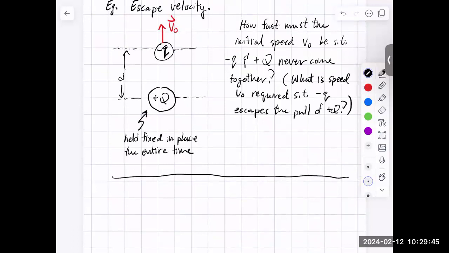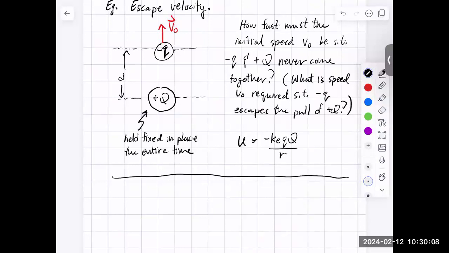Let's just remind ourselves that U for this problem is going to be k_e Q q divided by R, and I'll put a minus sign in here because our little charge q is negative.